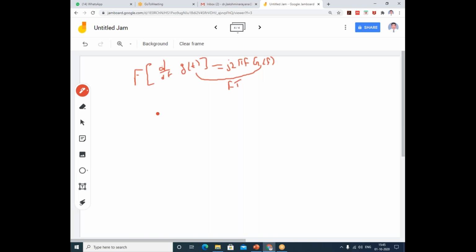Now, for the given problem, we have been asked to find the Fourier transform of an impulse function from a unit step function. First you should write the relation between the unit step function and the impulse function. When you plot the unit step function, it looks like this.